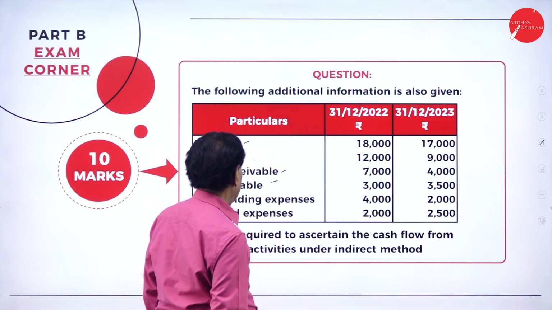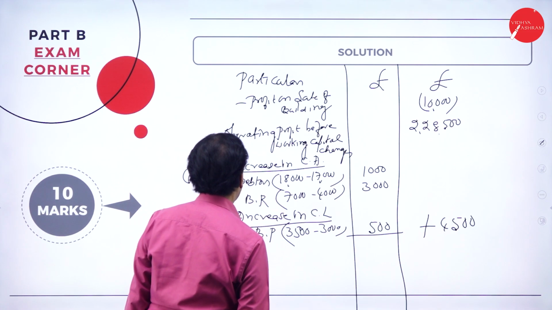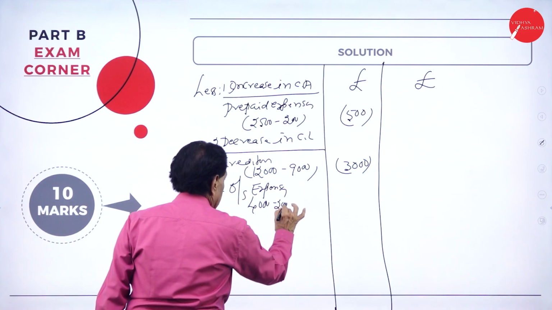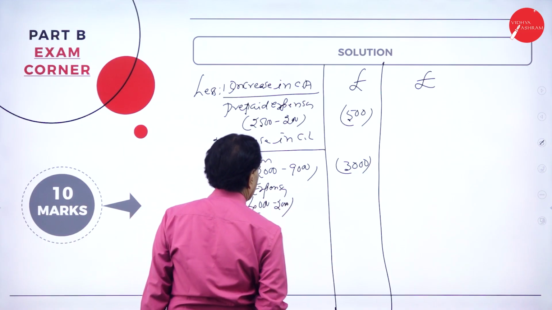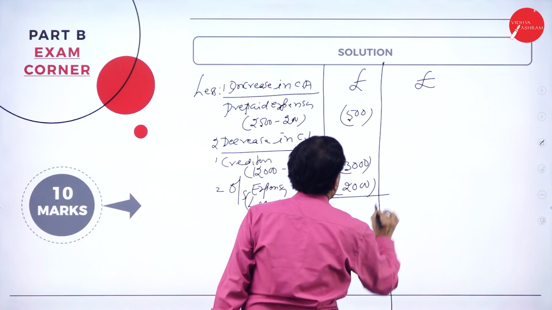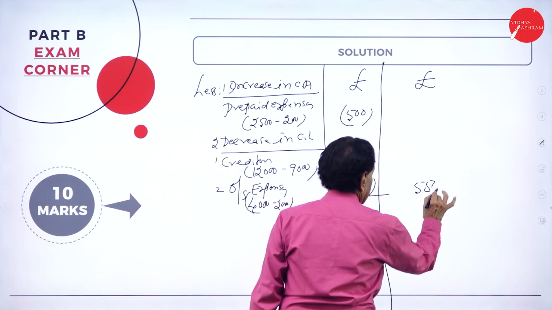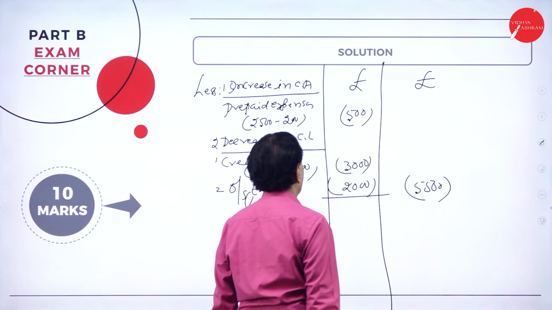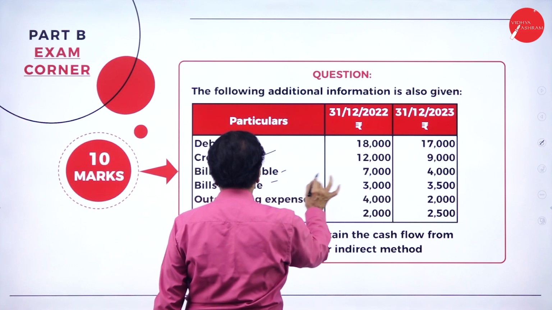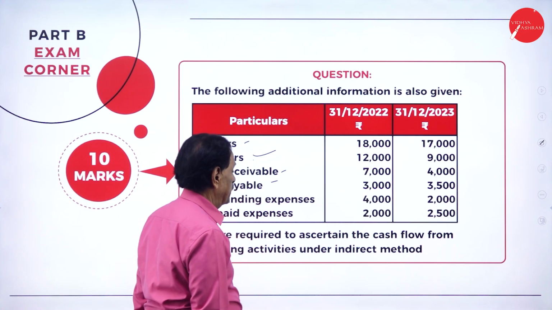Outstanding expenses, 4,000 minus 2,000. So minus 5,500. See that all the things have been done. Debtor over, creditor, BR over, BP increase over, outstanding over, prepaid expense over.